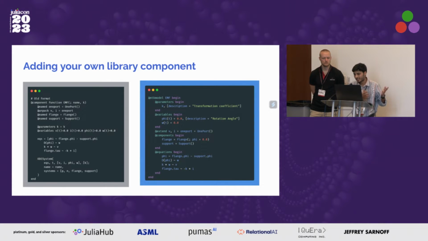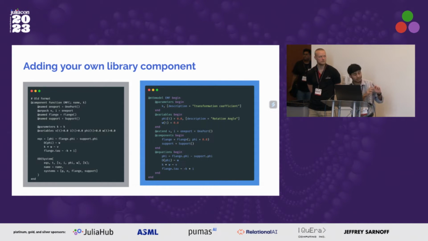Then in this example, it's EMF, so it has voltage and current as well, and a positive and a negative pin. In the standard library, there is a component called oneport, which already defines them, so we just want to extend them. We have an extend macro, with which we specify that we want to pull out the V and I, voltage and current variables, and we are naming it oneport.